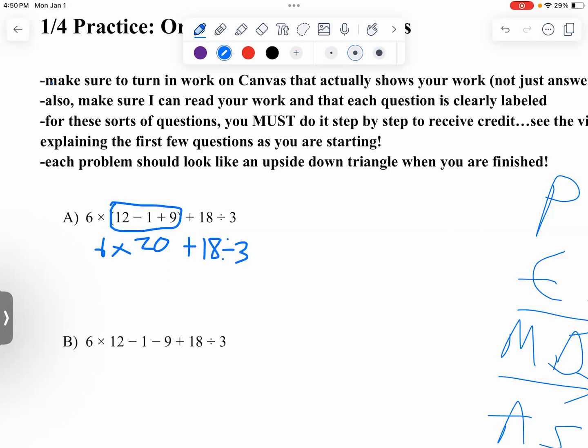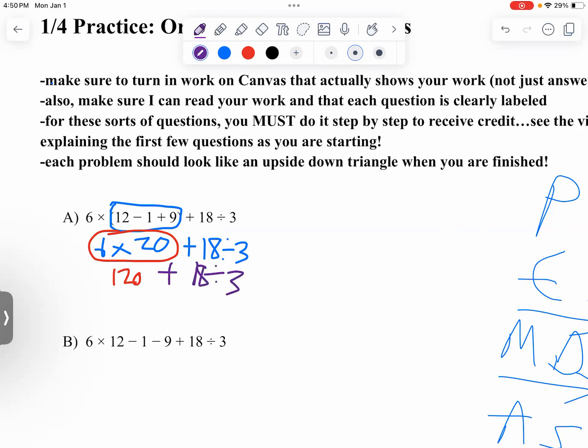Now, the next step, we don't have any exponents, so we're on the multiply and divide step. We're going to go left to right. I'm going to do just one step at a time here. 6 times 20 is 120. Plus 18 divided by 3.